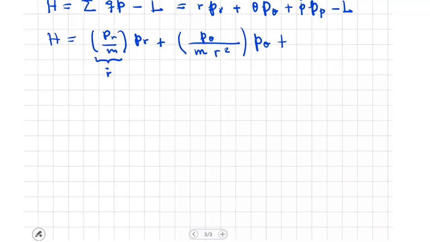P phi is, sorry, phi dot is p phi dividing the mass r squared sine square of theta p phi minus the Lagrangian. Okay, minus the Lagrangian.